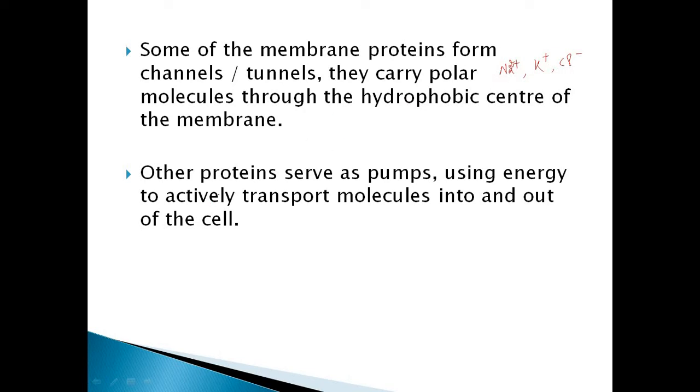Other proteins, such as pumps, carry different molecules through active transport. Active transport means they use energy to actively transport molecules into and out of the cell.